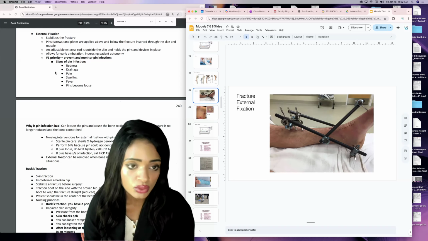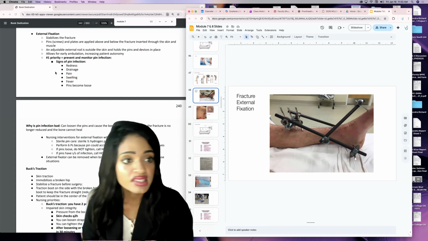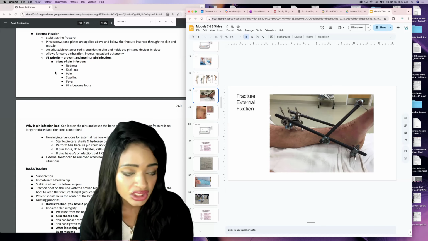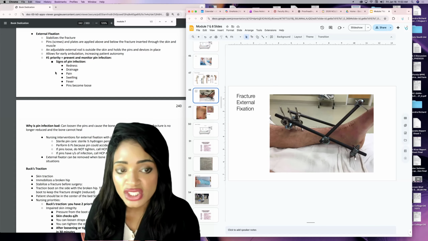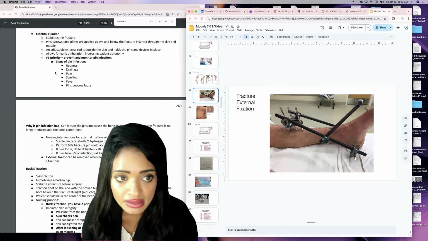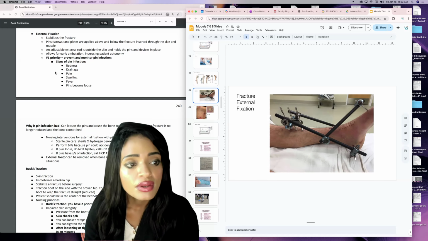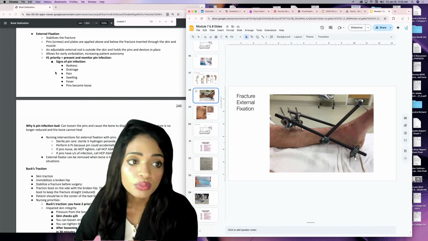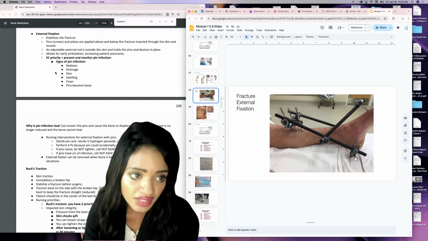Some benefits of external fixation are that it allows for early ambulation, and it increases patient autonomy or independence. However, the number one priority for external fixation is to prevent and monitor for pin infection.